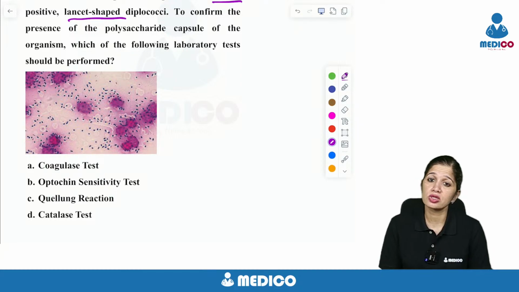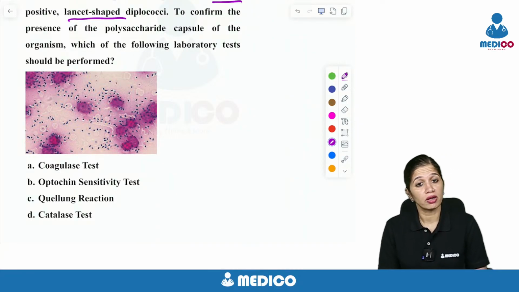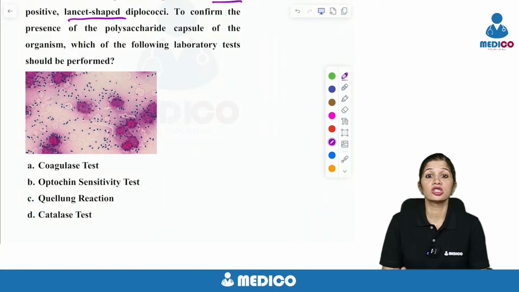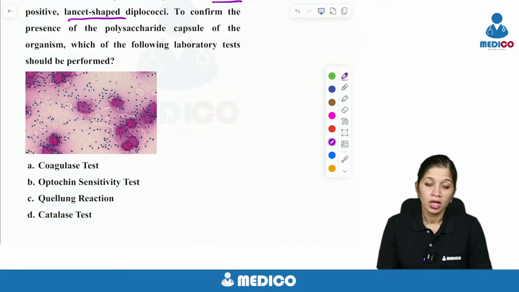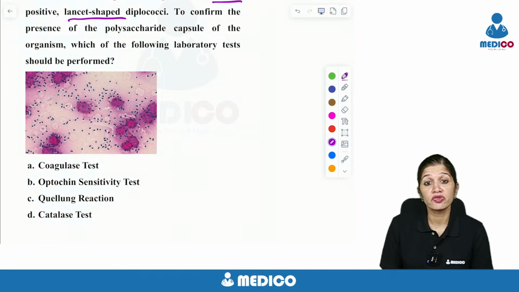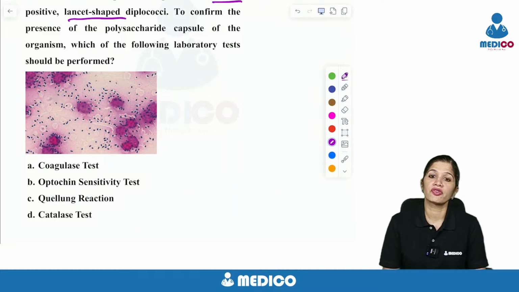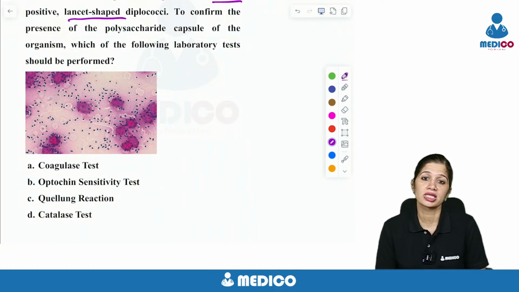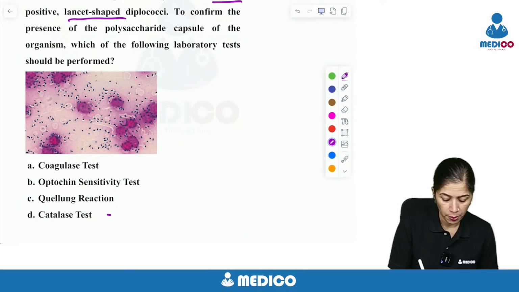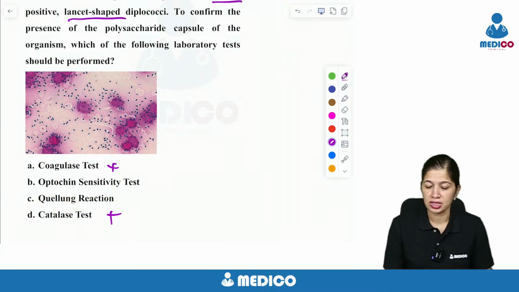So catalase is not a specific test for strep, and of course it is not a test for the capsule. Coagulase test is used for staphylococci to differentiate Staphylococcus aureus from the coagulase negative staphylococci. So apparently it's not catalase, it's not coagulase.